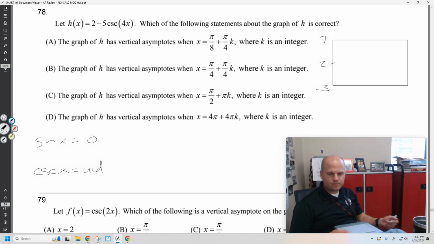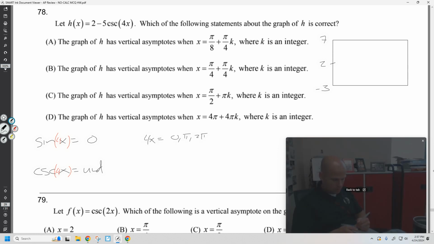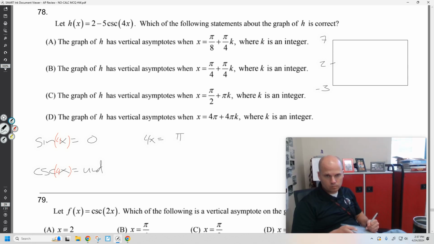Solve this equation. When is sine 4x going to be equal to 0? What are the angles for sine at 0? Again, it's 0, pi, 2 pi, or multiples of pi, where k is an integer, divided by 4.